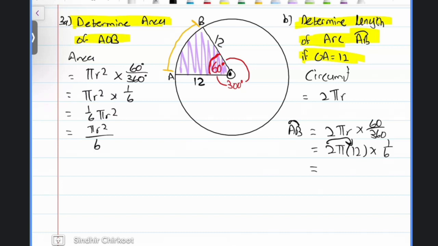So we're going to multiply 2 times the 12, and that's going to give us 24 pi. And then divide by the 6. And obviously 24 divided by the 6 is the 4 pi, like you guys got. Okay, so there are multiple ways that you can obviously multiply this. You just need to determine which is your easiest way to multiply it. But yeah, guys, I'm happy that you guys got that.